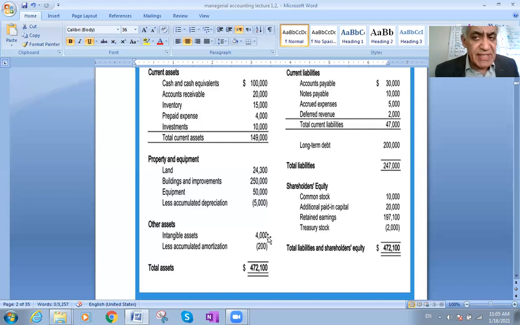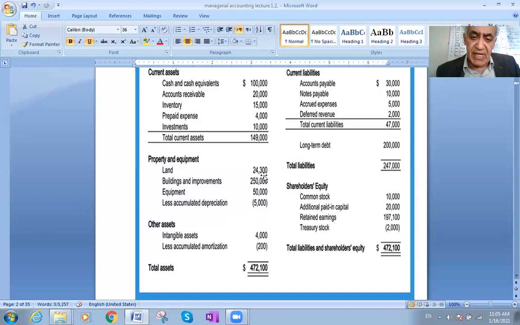Like the Tim Hortons example, it's a brand name. Any brand name is included in intangible assets. When the owner of Tim Hortons sells a shop, he sells it with its reputation, or he counts the reputation of the shop. Okay, minus accumulated amortization, and this is deducted. So you will do it like this: the land 24,000.